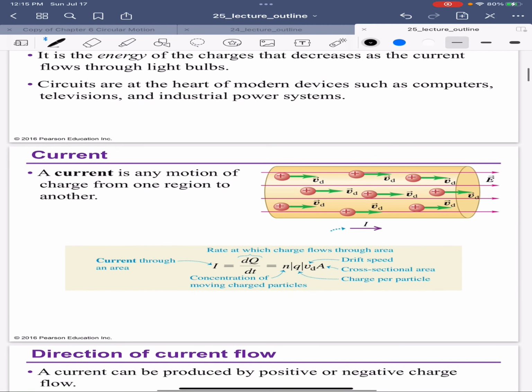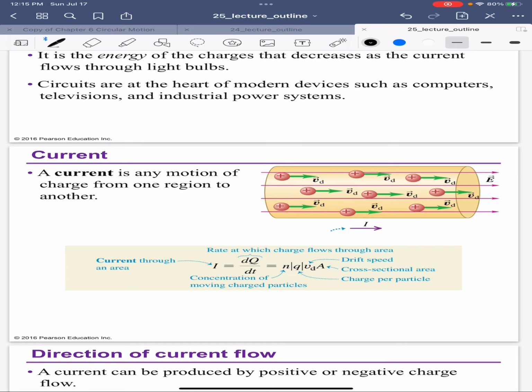Now, a current at any instant can be defined as the motion of charge from one region to another. Remember, positive charges usually flow in the direction of the electric field, and they are really aligned because of the electric field. Before the electric field, they're going to be moving in all directions randomly, but here they are really moving in the direction of the electric field.